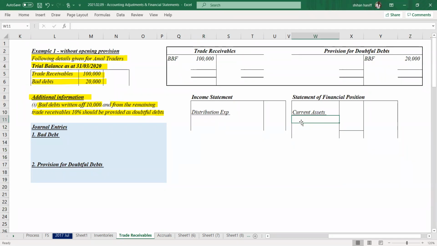So in current assets is trade receivables, and the provision for doubtful debt.